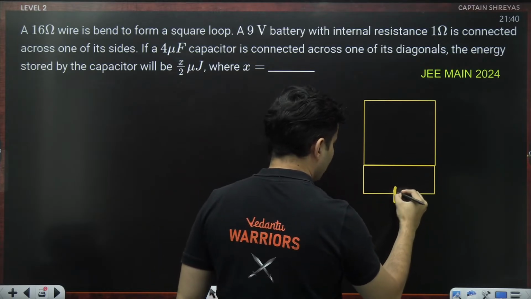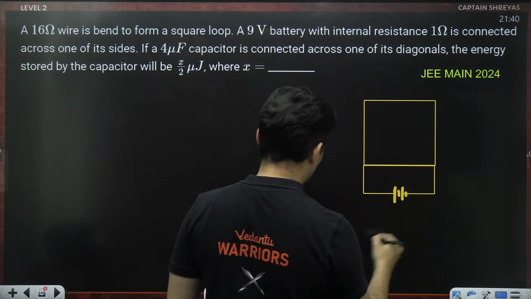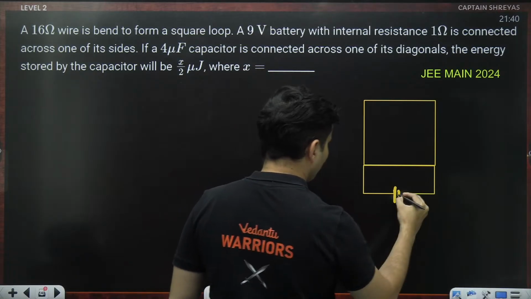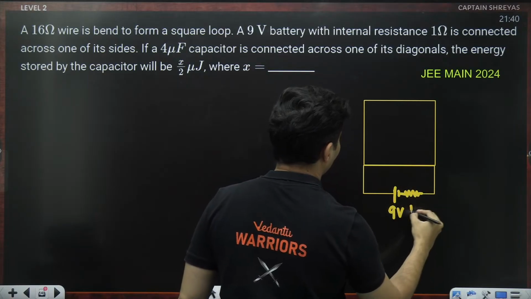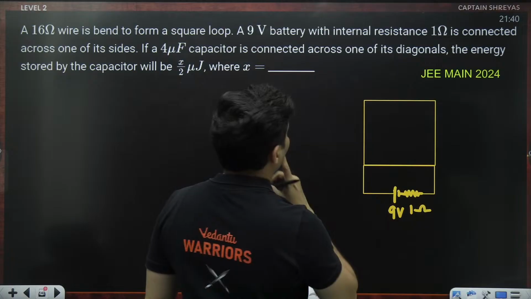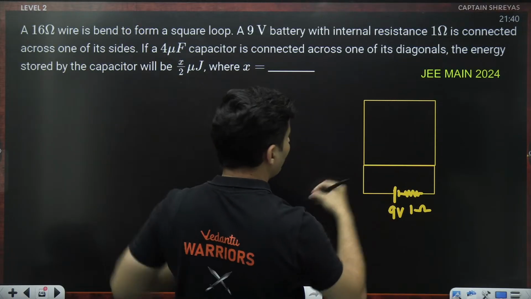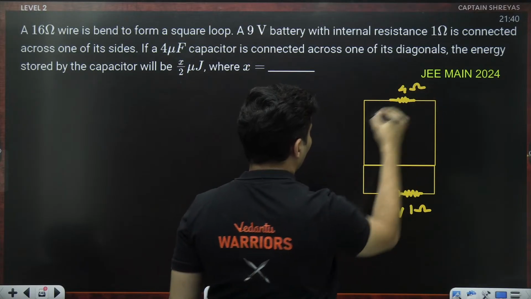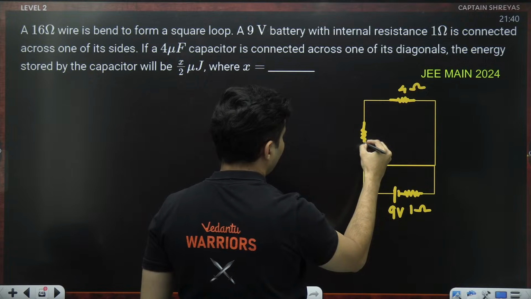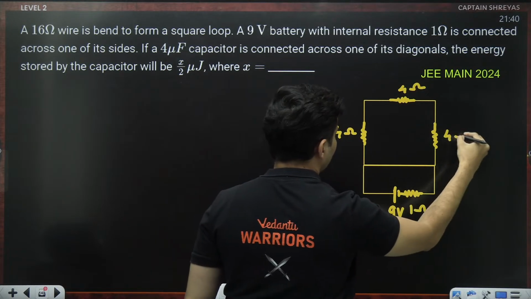So there is this battery over here of 9 volt, 1 ohm. And 16 ohm wire is made into a square. That means each side will be 4 ohm each. That is the meaning of this.